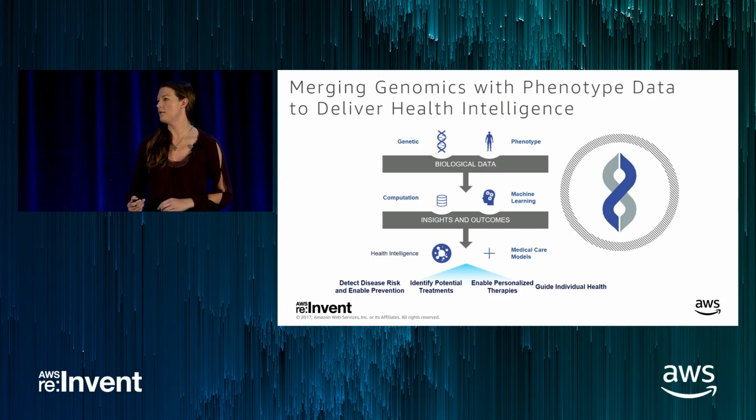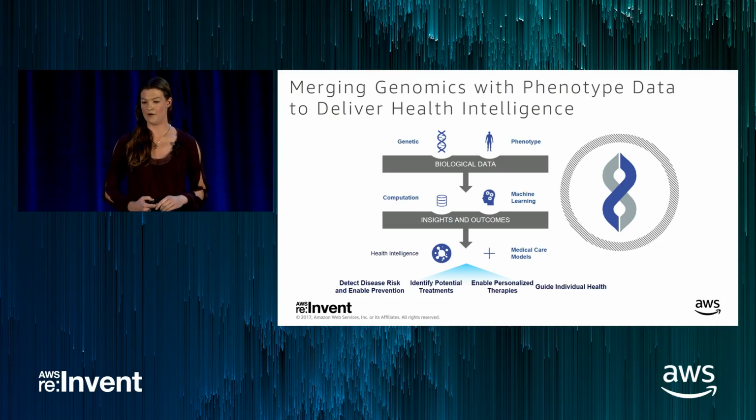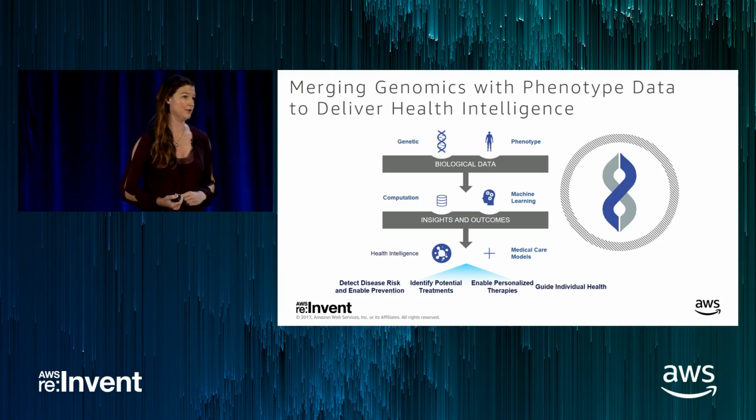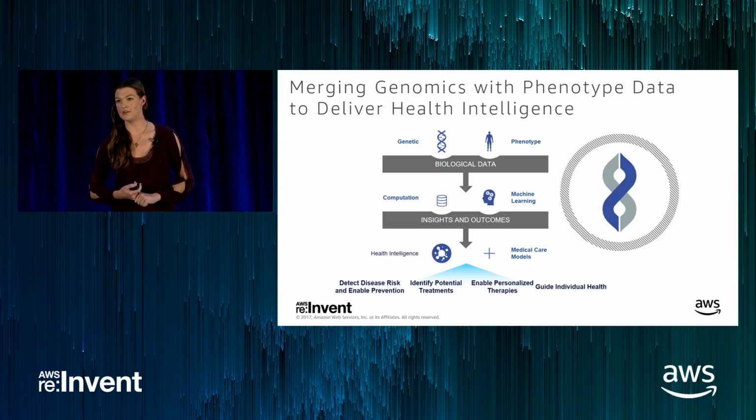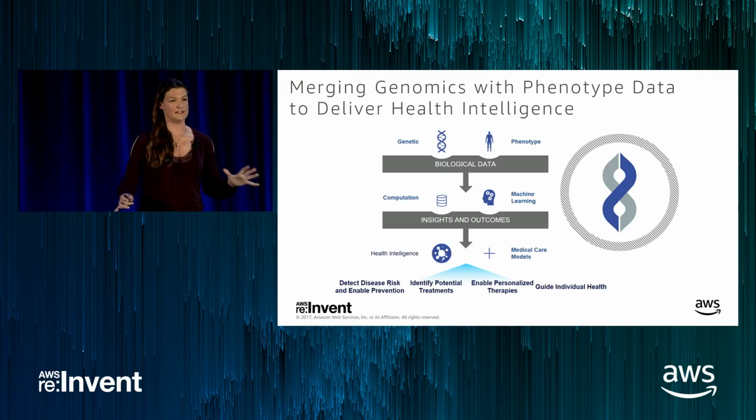The most streamlined way that we receive our data is through our clinical research facility called Health Nucleus. Within the Health Nucleus, people can come in and we will sequence their genome as well as gather different types of phenotype data.